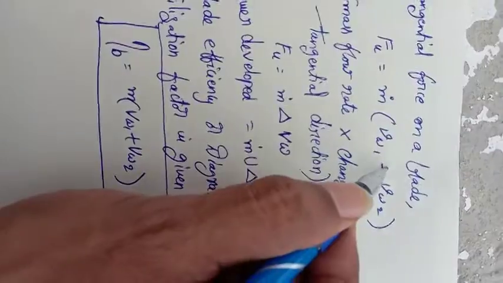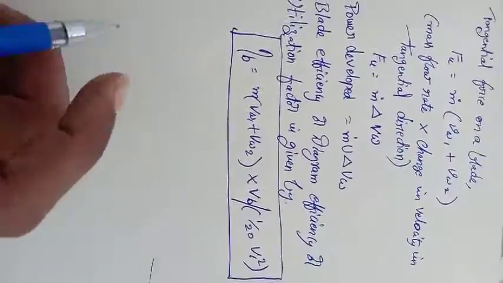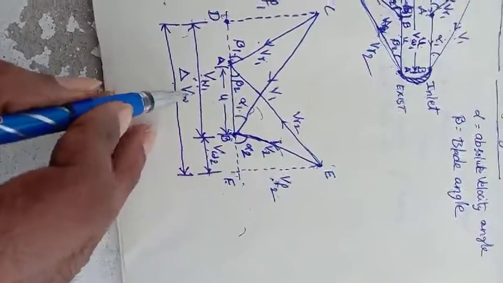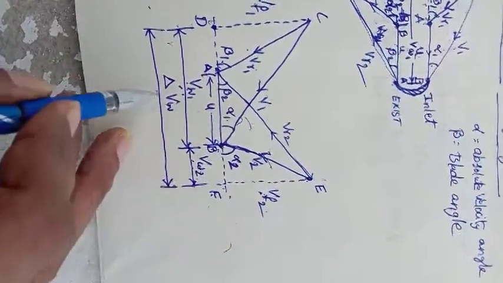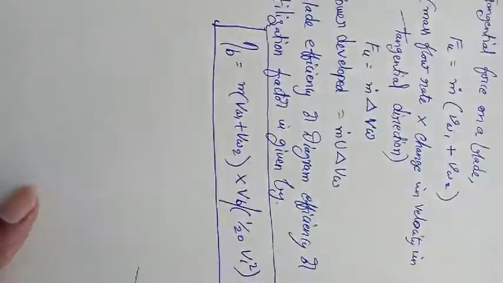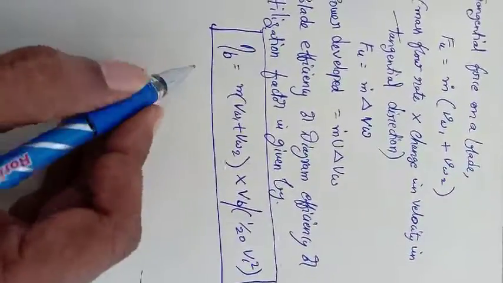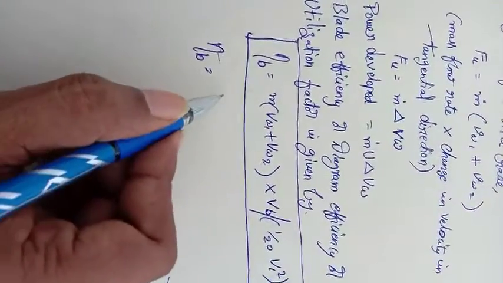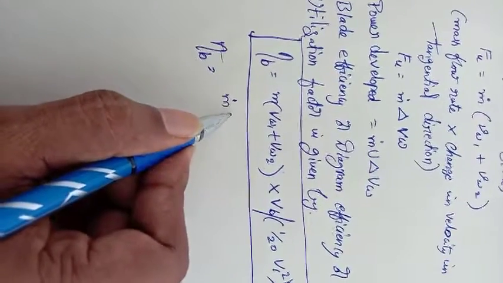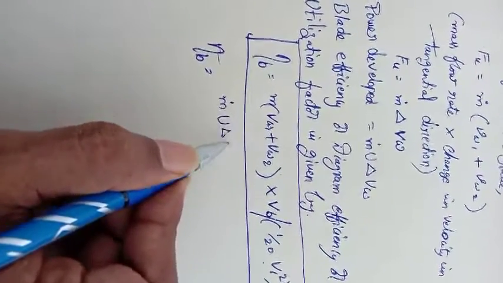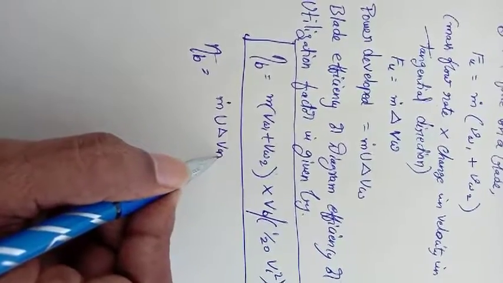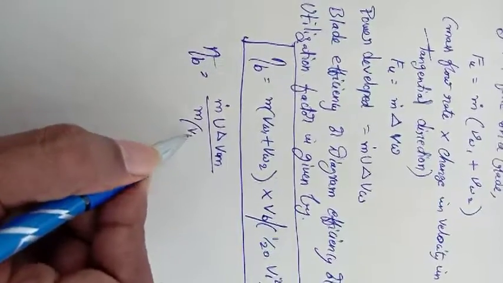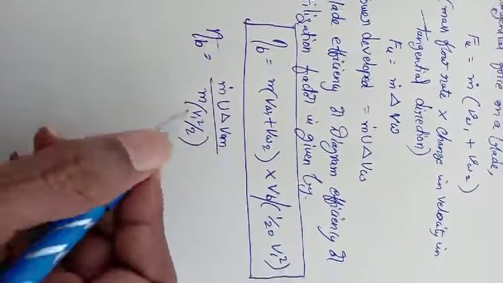So now here I put wheel velocity plus, right? Because we see here was the wrong statement. I think change in velocity is equal to Vw1 plus Vw2. Okay. Now here we are going to write down this efficiency is equal to change in velocity divided by m V1 square by 2.